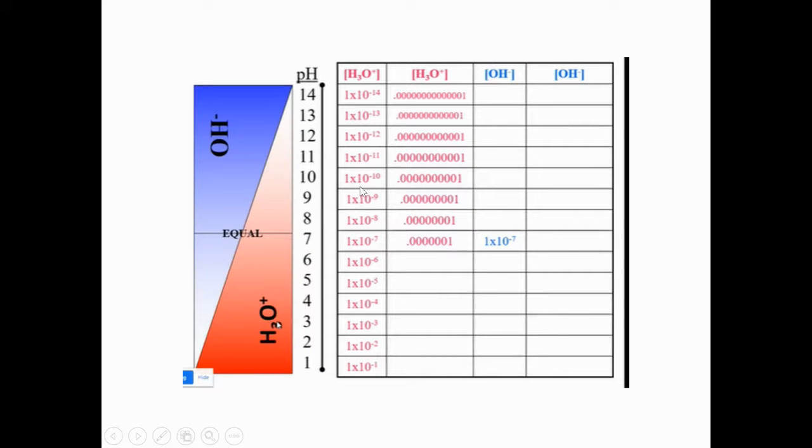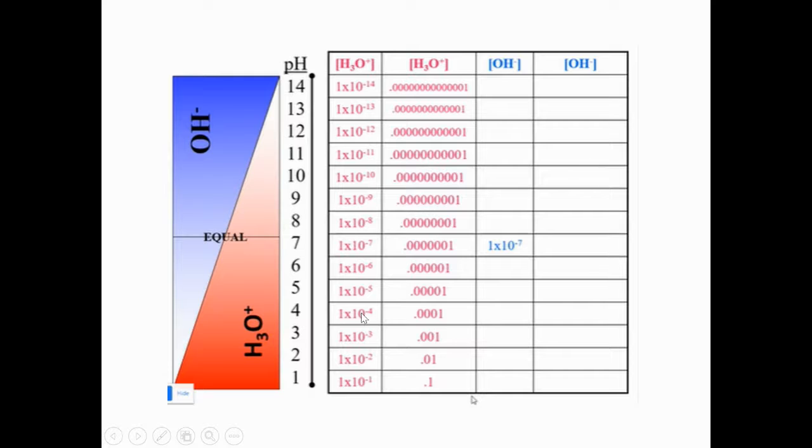As pH goes up, 7, 10, 12, 14, the amount of hydronium ion present is decreasing. So when you put these numbers in regular notation, you get an idea of how very, very small the concentration of H3O is at a pH of 14.